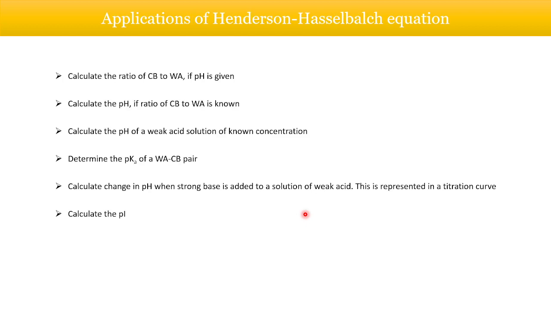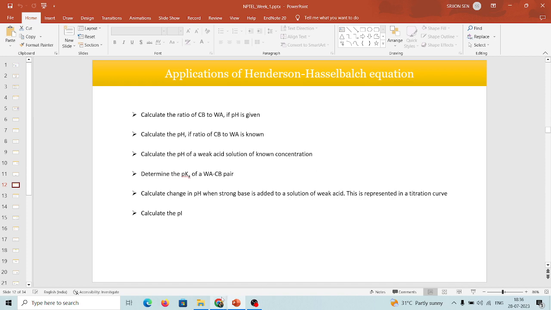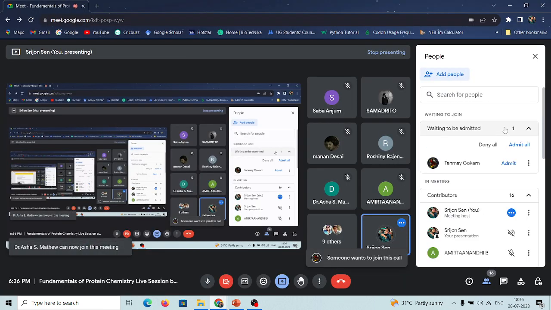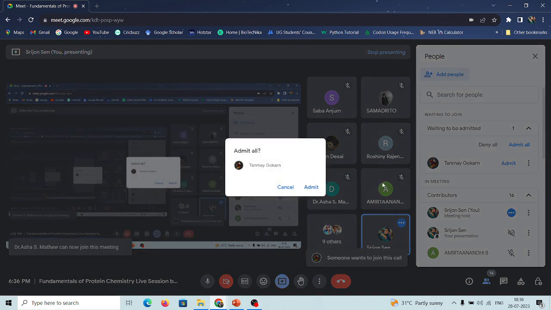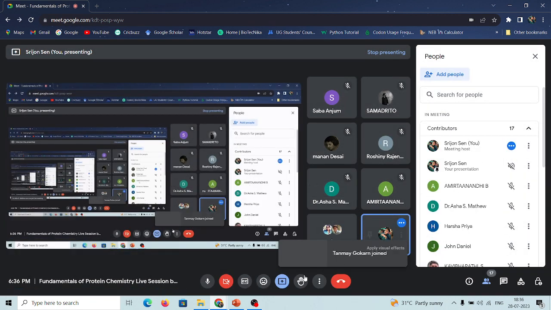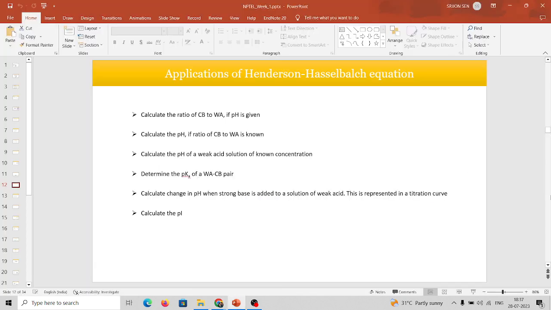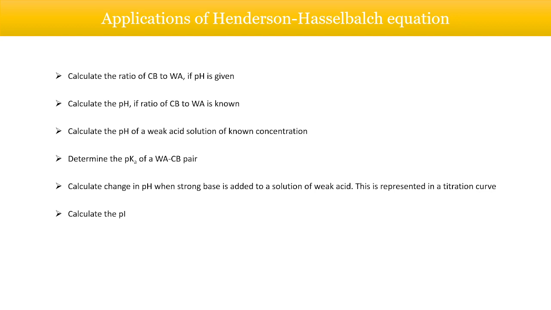So what are the different applications of the Henderson-Hasselbalch equation, and why do we need to understand it at all? It is needed to calculate the ratio of your conjugate base to your acid if the pH is known to us.